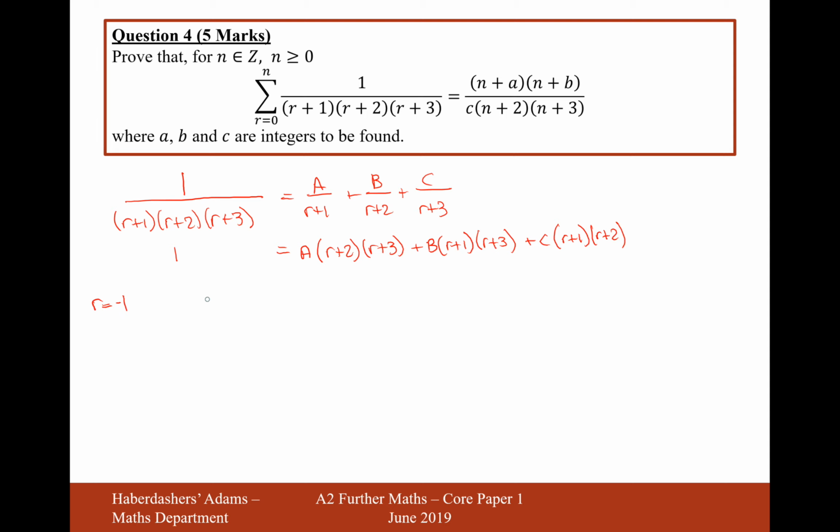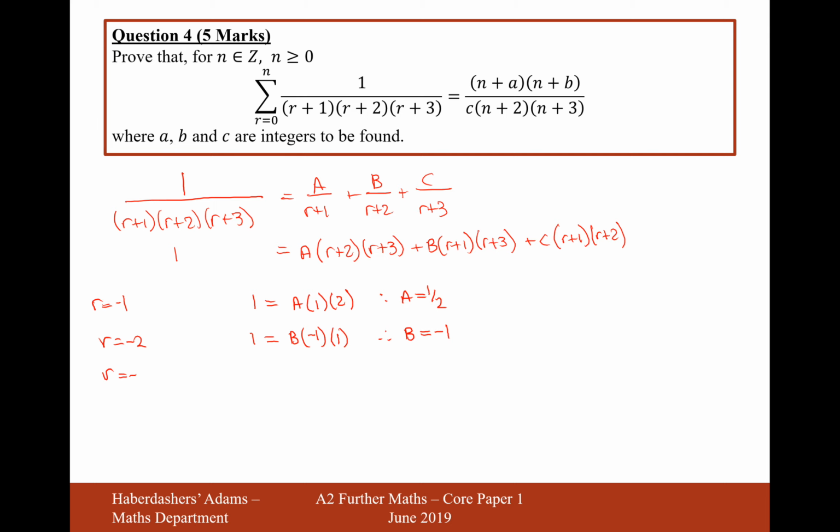Let's start by substituting r equals minus 1. That's going to give us 1 equals a times 1 times 2, so therefore we now know that a is equal to a half. Substituting in r equals minus 2 will give us 1 equals b times minus 1 times 1, so therefore b equals minus 1.